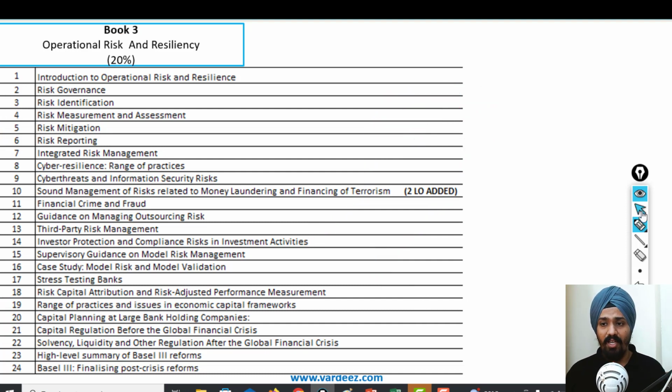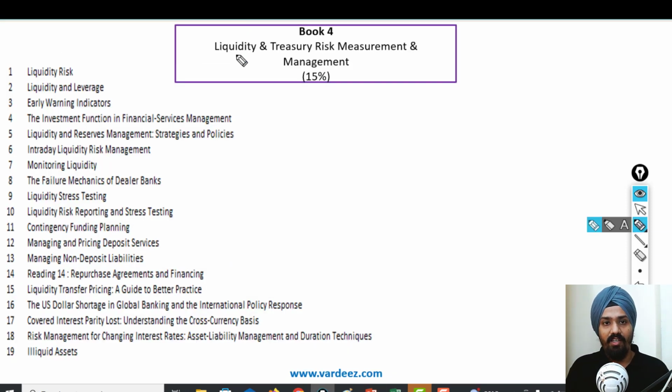Once you complete this, the big elephant in the room is taken care of. Then you should take the liquidity and treasury risk management, 19 chapters, fairly reasonable. And I would say it is also interesting to learn about liquidity risk.